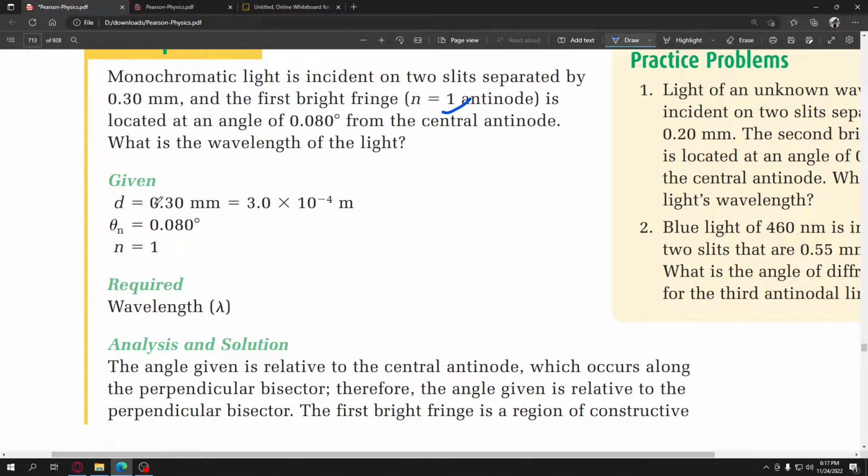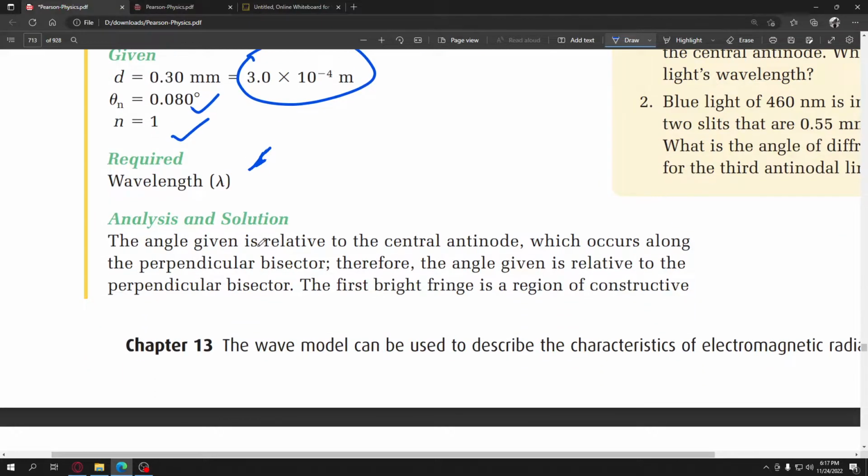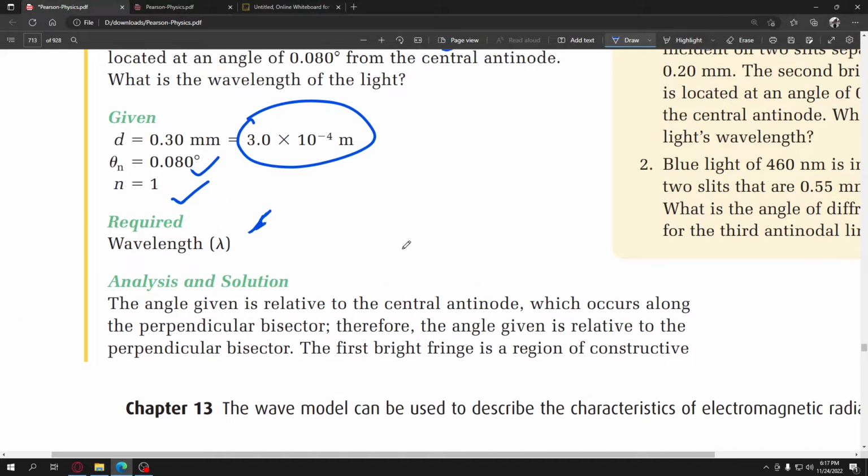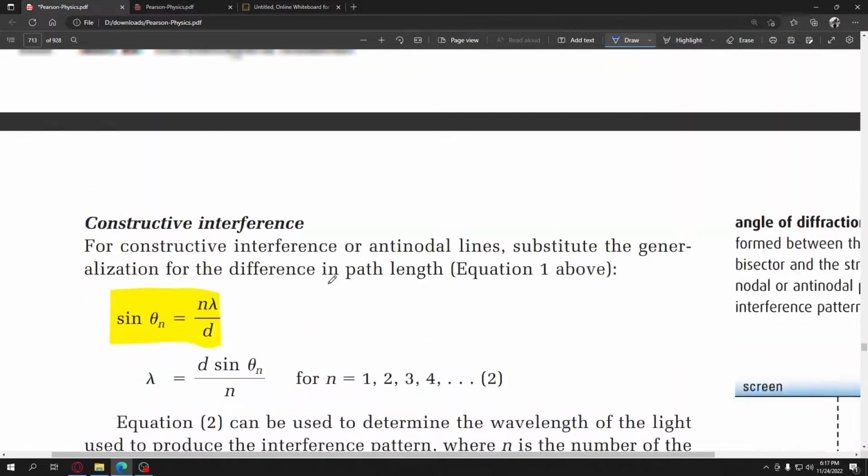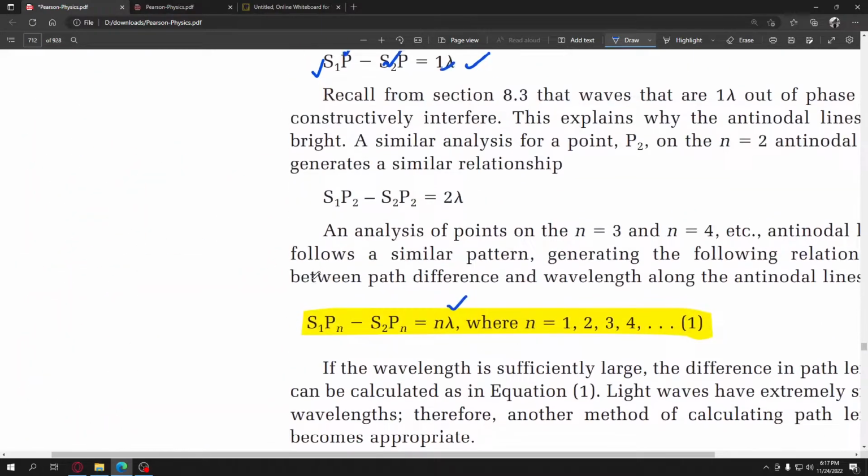Okay, given is our d, which is 0.30 millimeter, yes here, which is this much in meters, just converted. You know the angle, you know n, and we have to find the wavelength. But look, here they have given the angle from the central antinode. So which one was the central antinode?